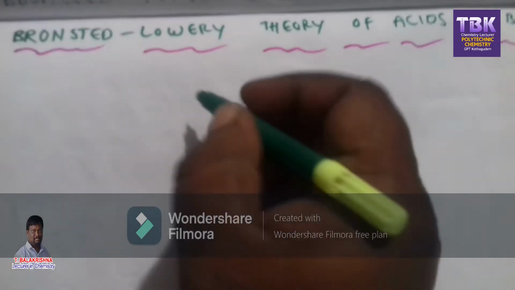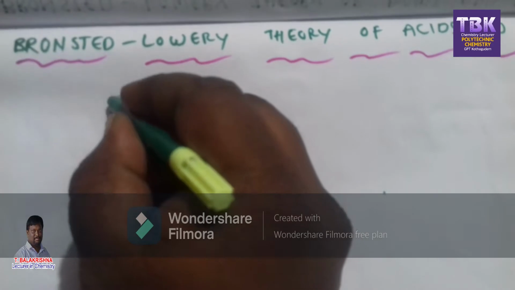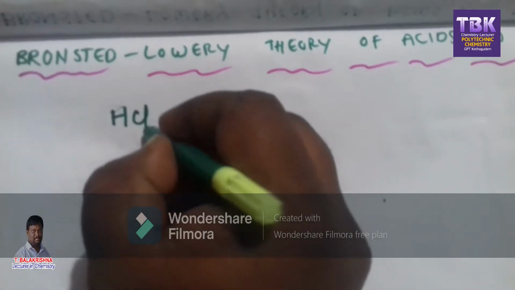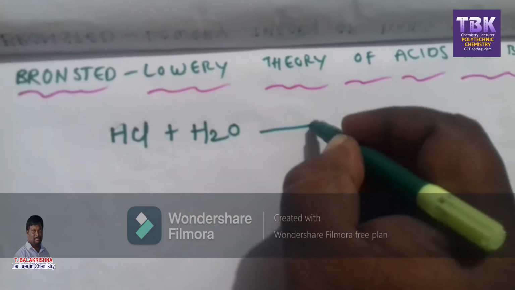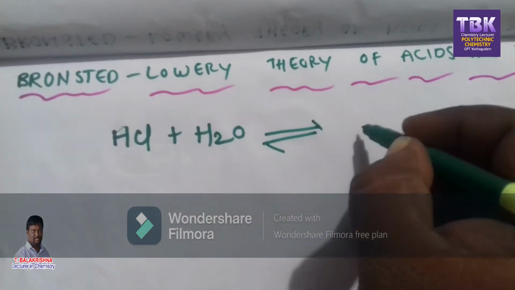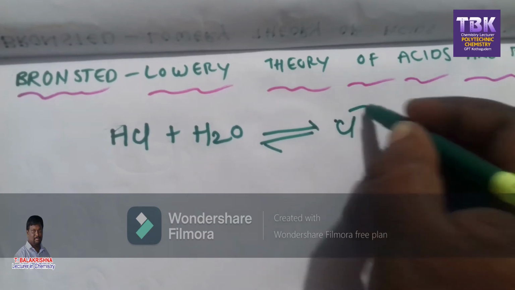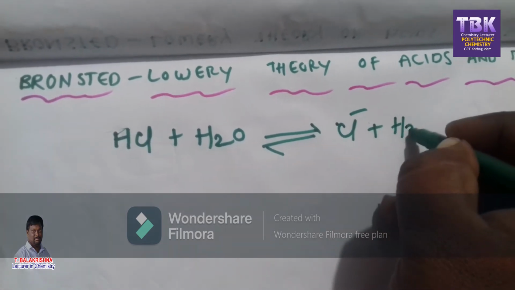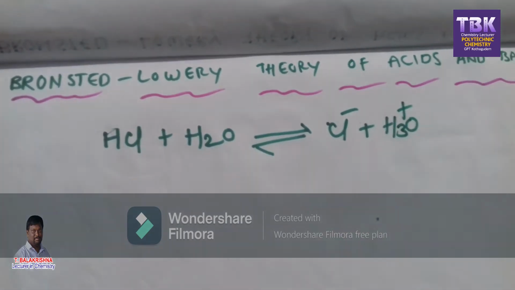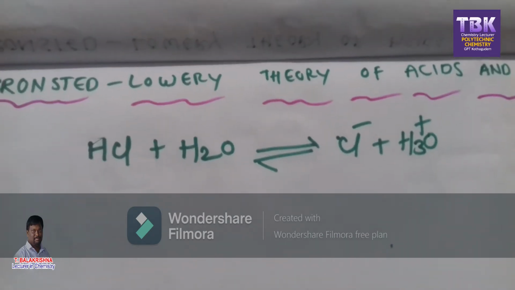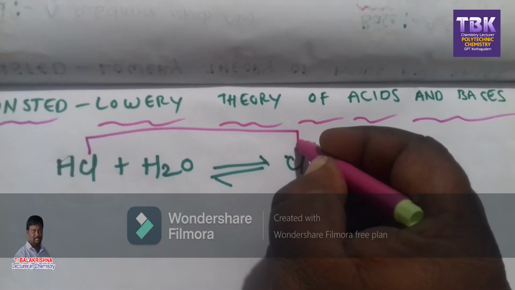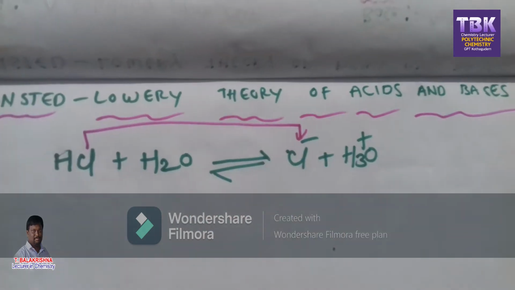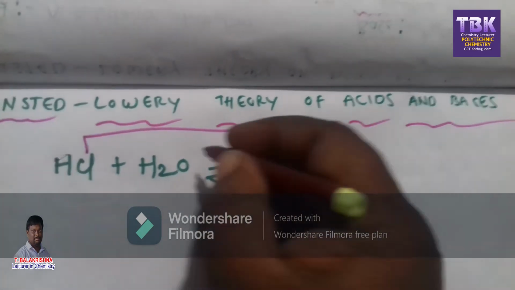Okay, and in the previous part we learned a simple example. HCl reacts with H2O, in equilibrium with Cl minus plus H3O plus. So in this reaction, HCl is converted to Cl minus by losing a proton.